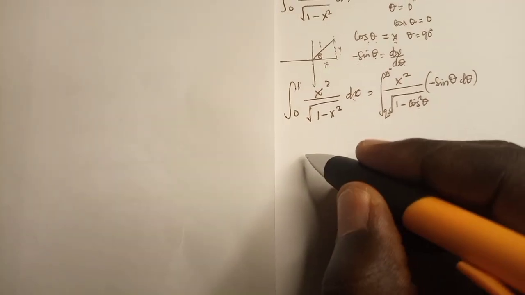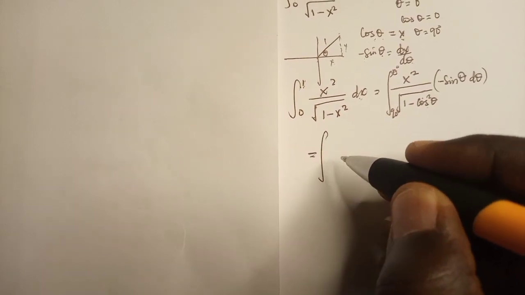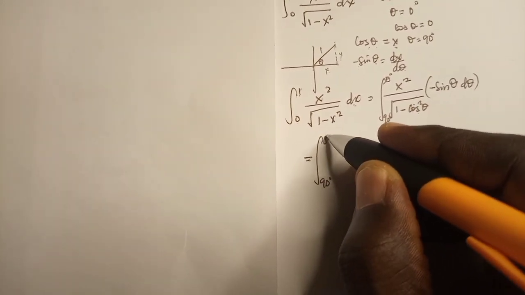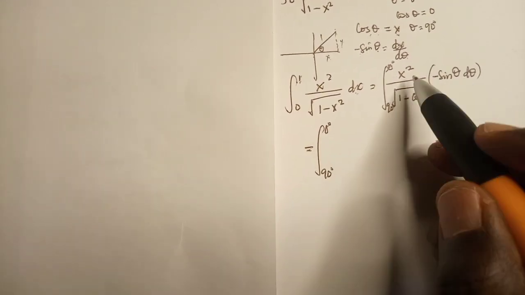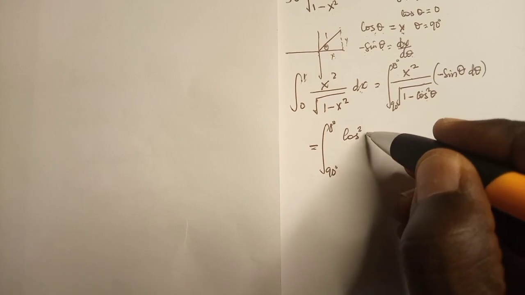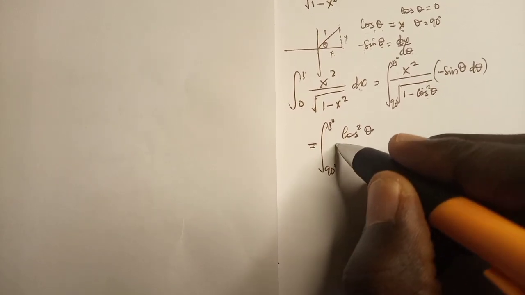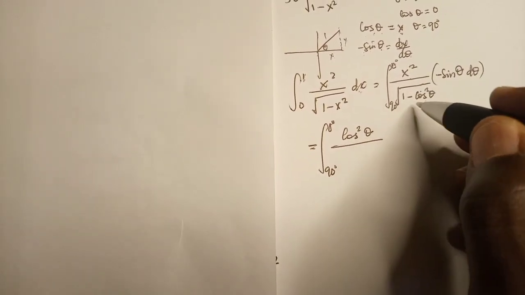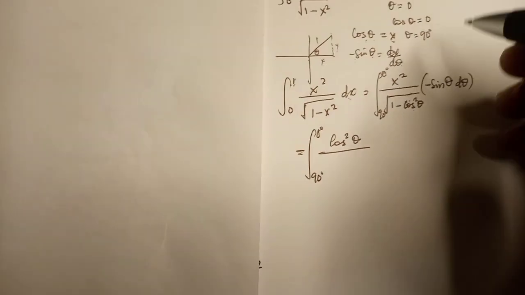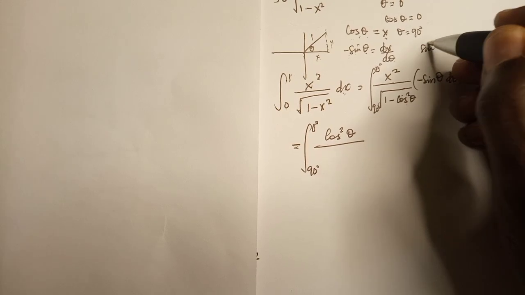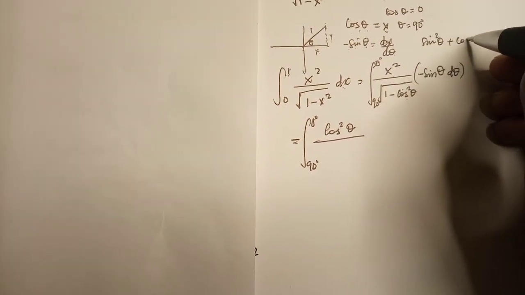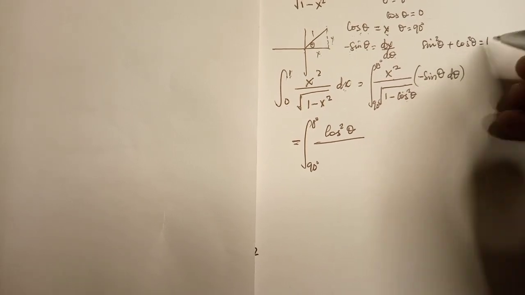We have this equal to the integral from 90 degrees to 0 degrees. Then x, remember, is cos theta, so we have cos square theta on this. This is an identity; we can use the identity sine square theta plus cos square theta equals 1.